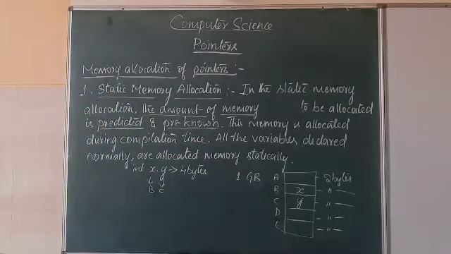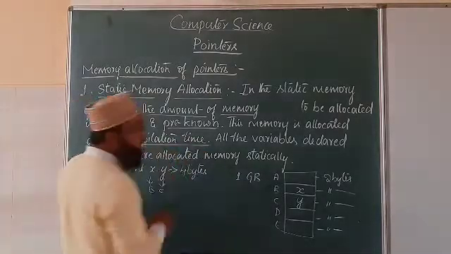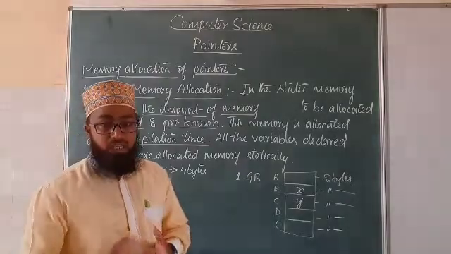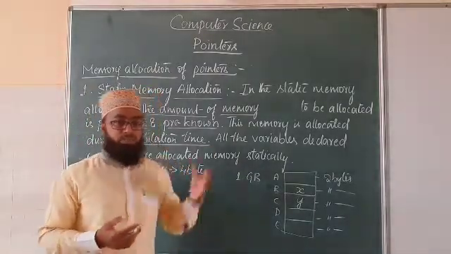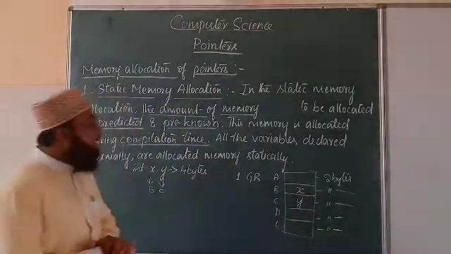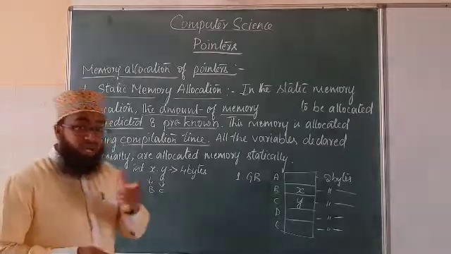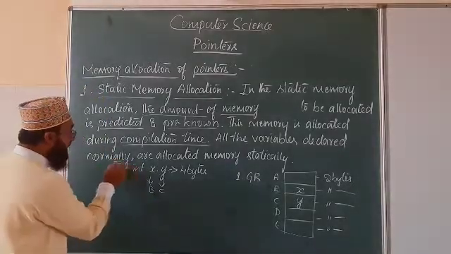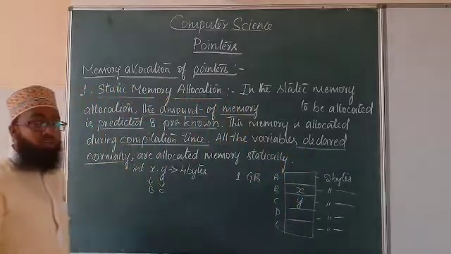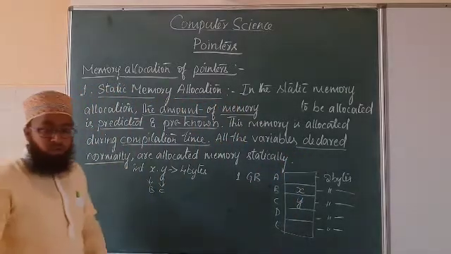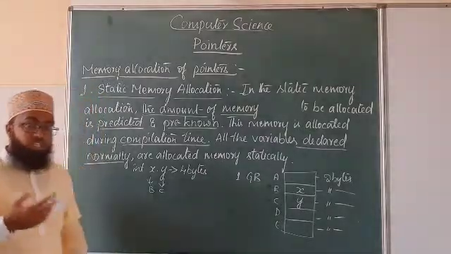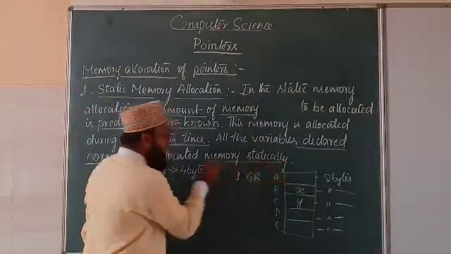Then this memory is allocated during compilation time. While the program is getting compiled, at that time the static memory allocation is done. All the variables which are declared normally allocate memory statically.